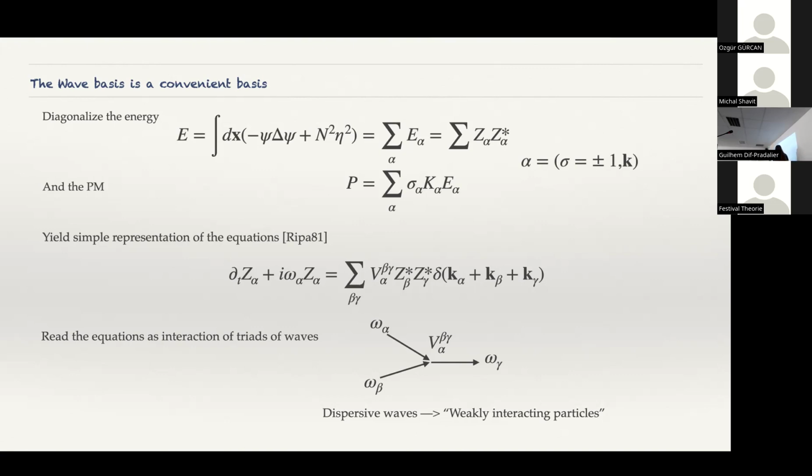That's not very important. The only thing a little bit important and interesting is that the wave basis is a good basis because it diagonalizes the energy and it diagonalizes the pseudo-momentum.